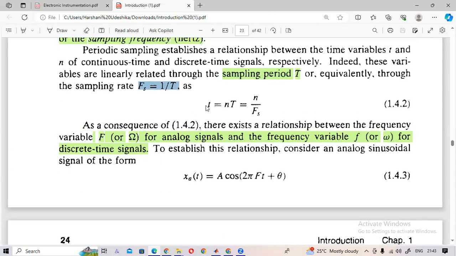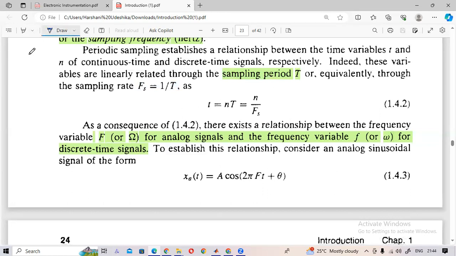Once we sample the signal, we have already discussed those things.